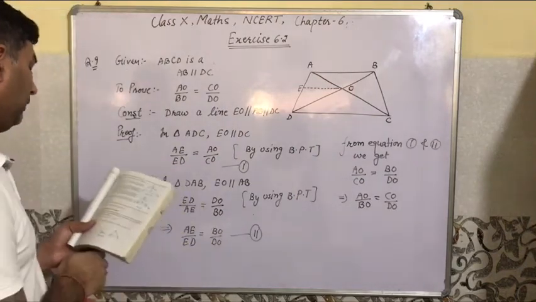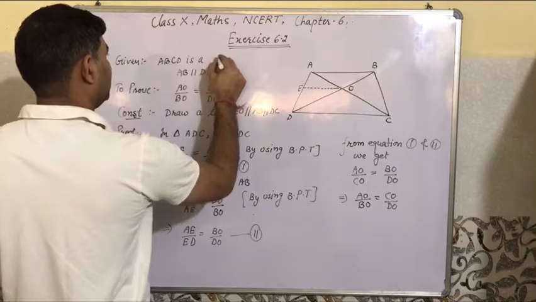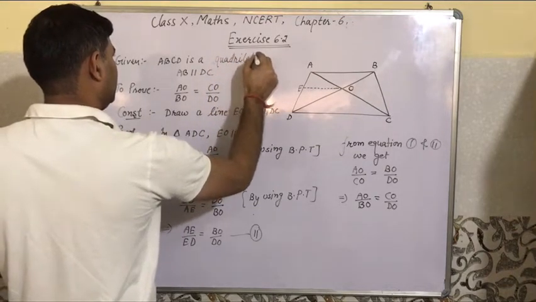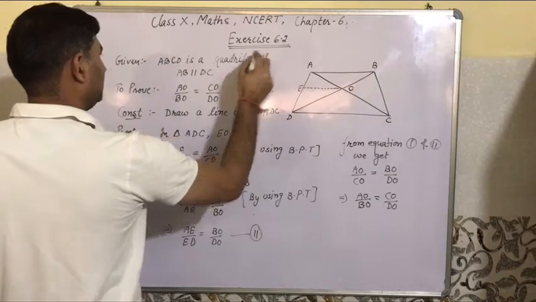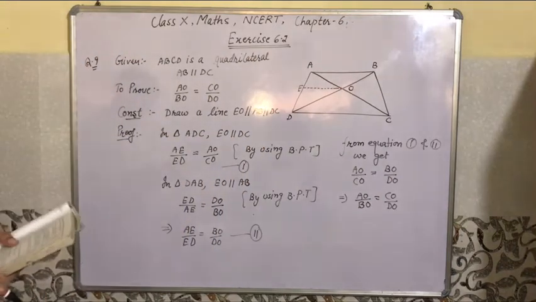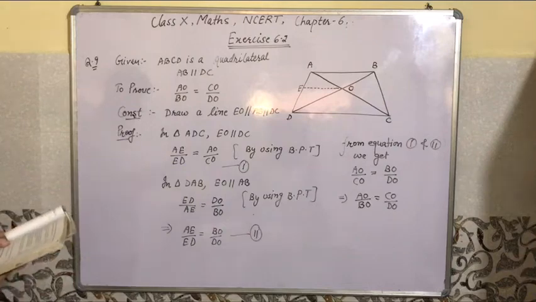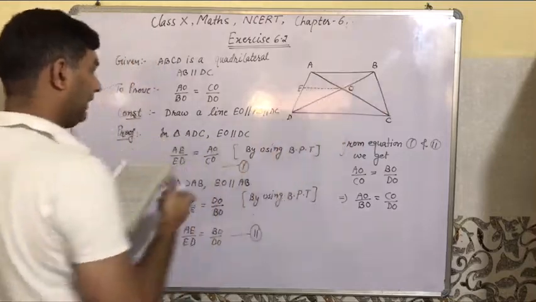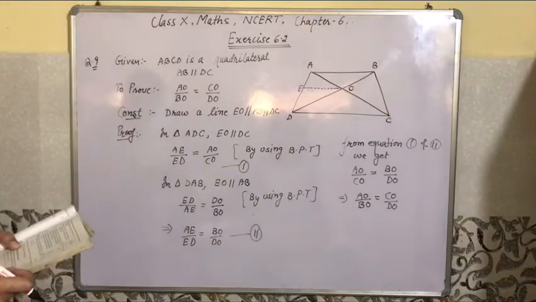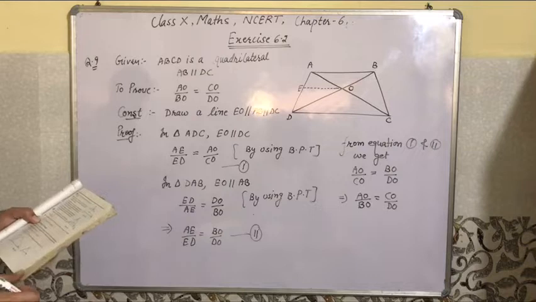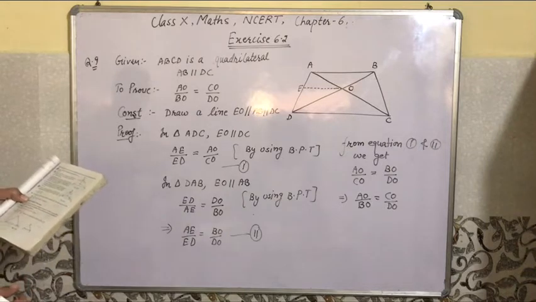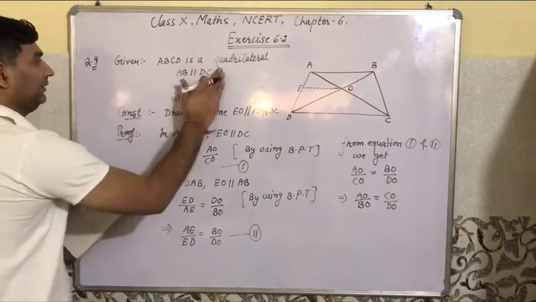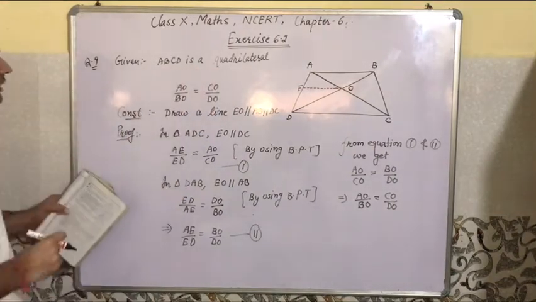ABCD is a quadrilateral and diagonals intersect at point O such that AO upon BO is equal to CO upon DO is given; that parallel is not given.